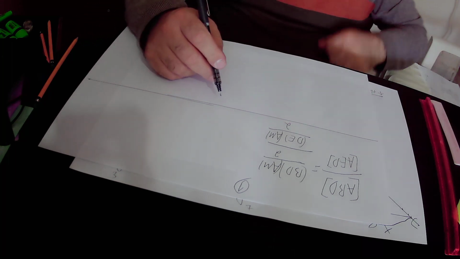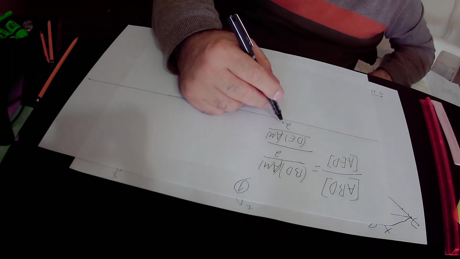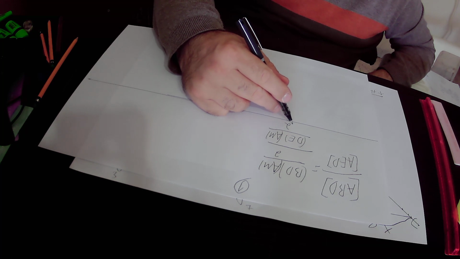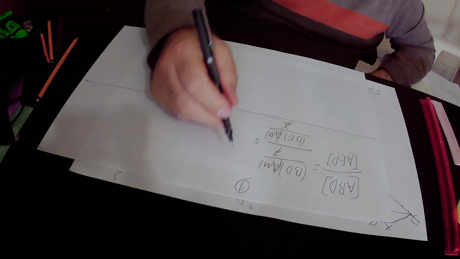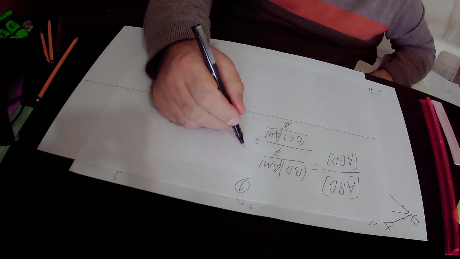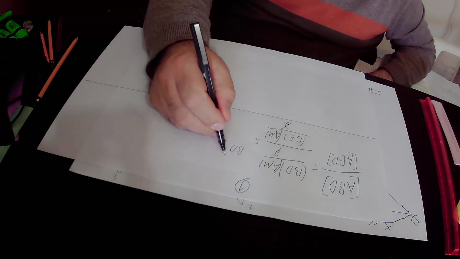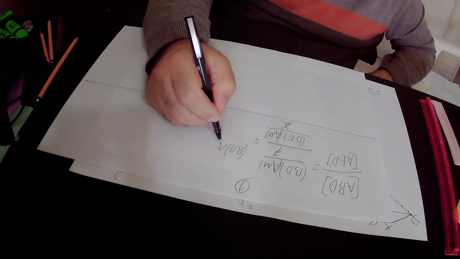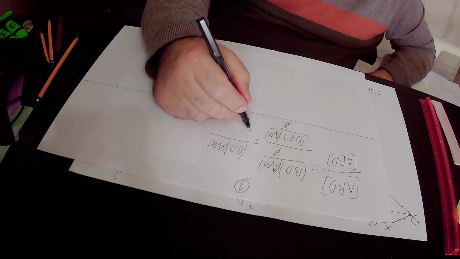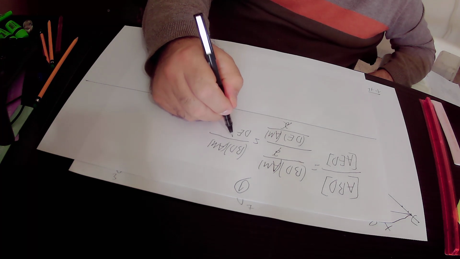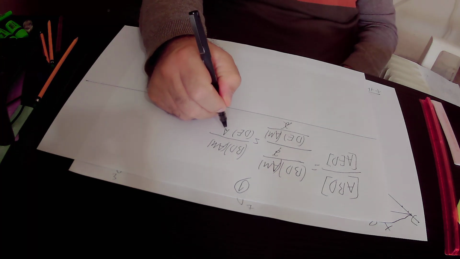So here we have 2 in the numerator and 2 in the denominator, so 2 will get cancelled. And what is left from this expression after we cancel 2? It is actually BD times AM over DE times AM.